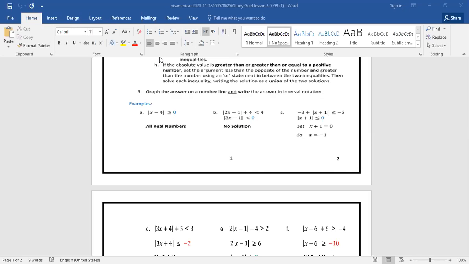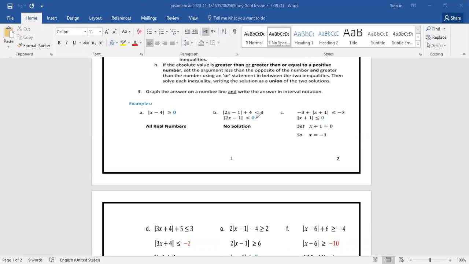The second case, if he will give us the inequality with less than 0. Absolute less than 0, we can't accept something like that, right? Because already absolute value should be positive.